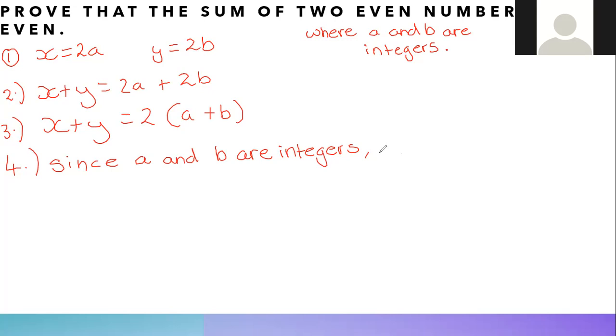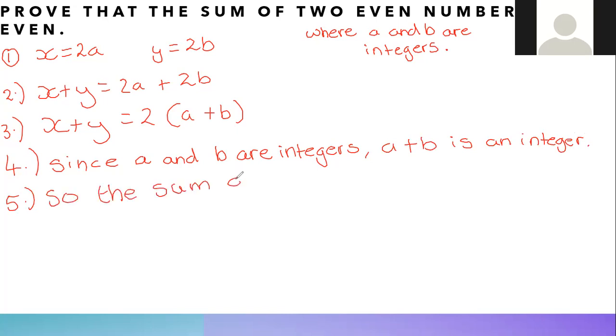So since a and b are integers, a plus b is an integer. So finally, the sum of two even numbers is an even number.